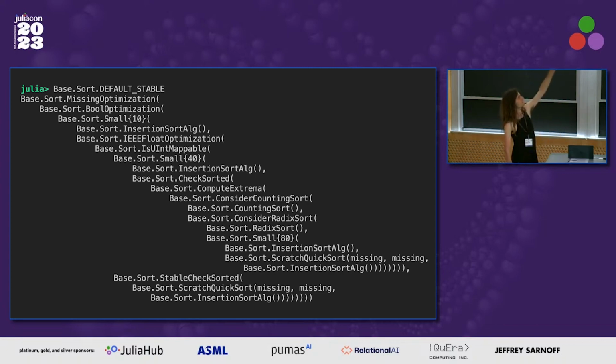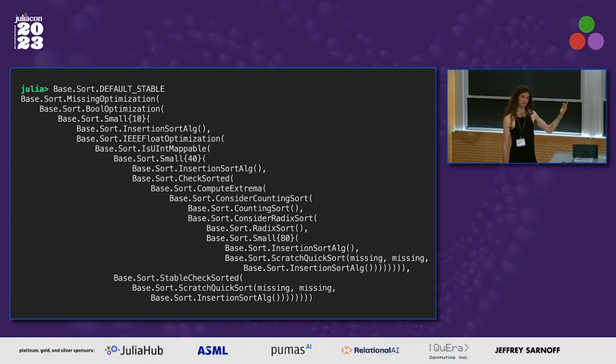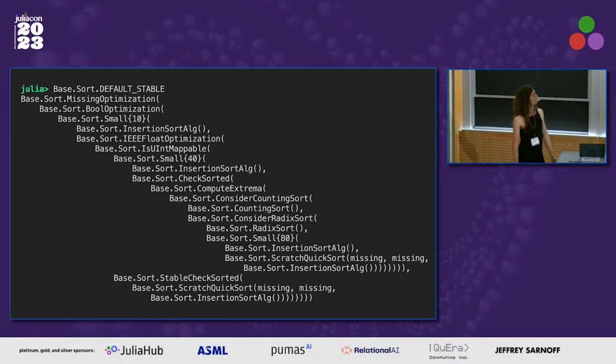So if it isn't reinterpretable as an unsigned integer, we check if it's sorted, and then we perform scratch quicksort if it's not sorted, with insertion sort as a base case. Stick around for later for what scratch quicksort is. Anyway, if it is reinterpretable as an unsigned integer, then we try counting sort if appropriate, and we try radix sort if appropriate.